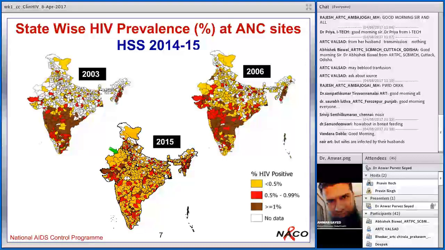That is category A, B, C and D. And category A is where the prevalence is very high, which is more than 1%. And in your own state, you can ask your DAPCO what our district category is, so that you will also know the burden of the disease in your own area.